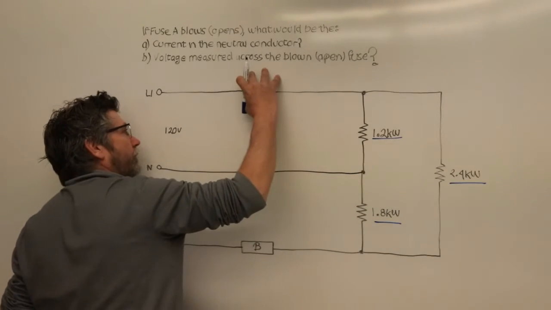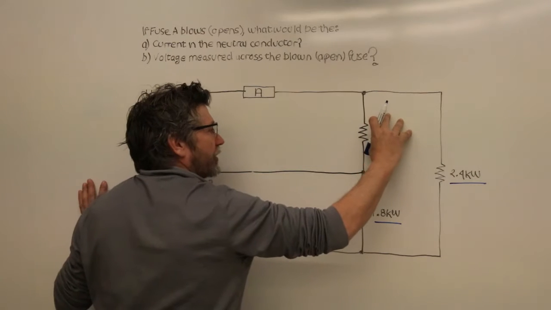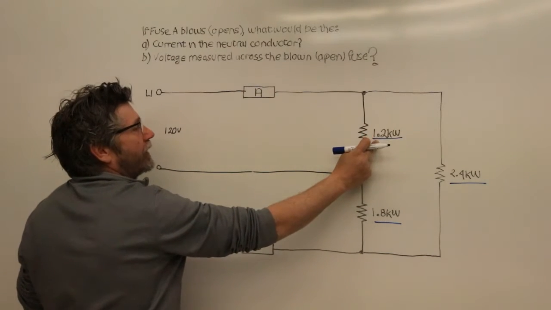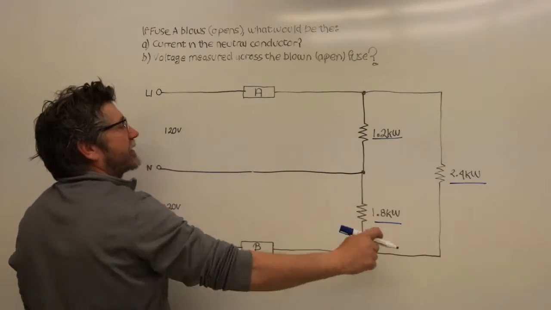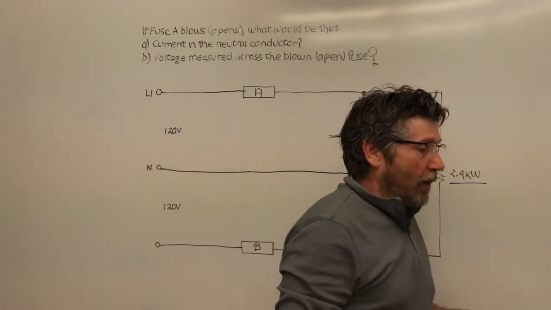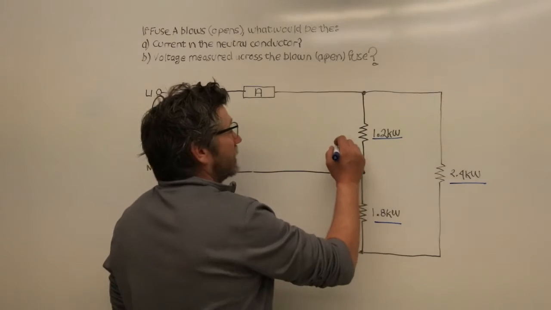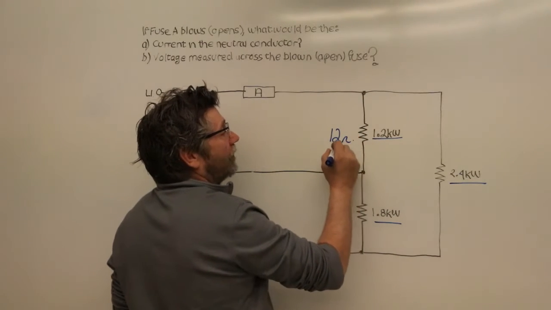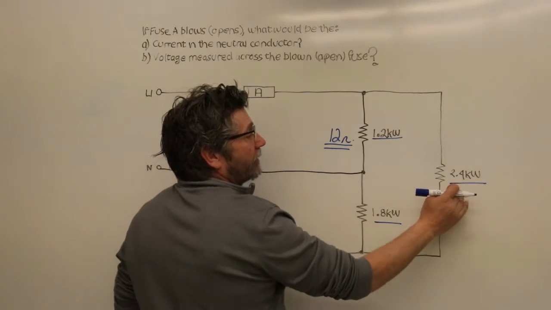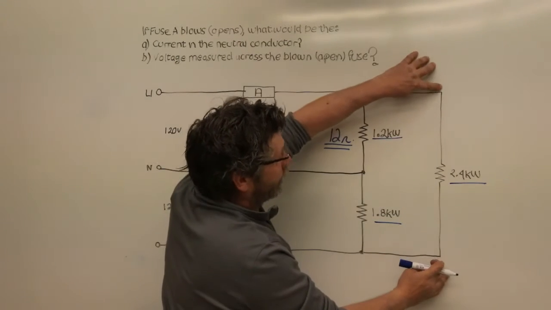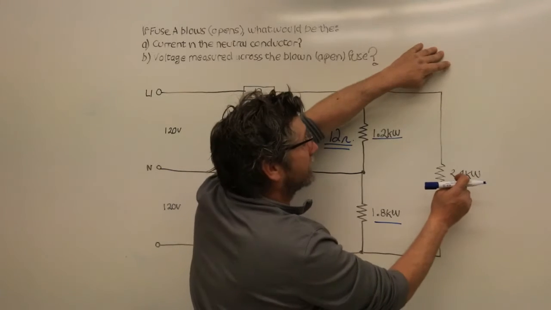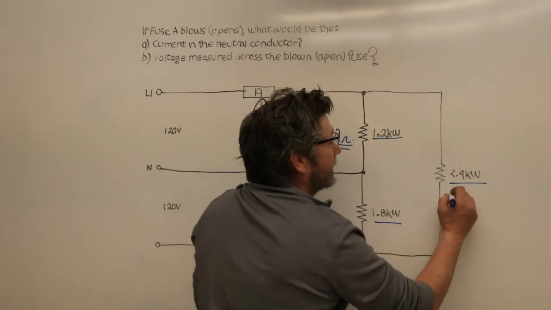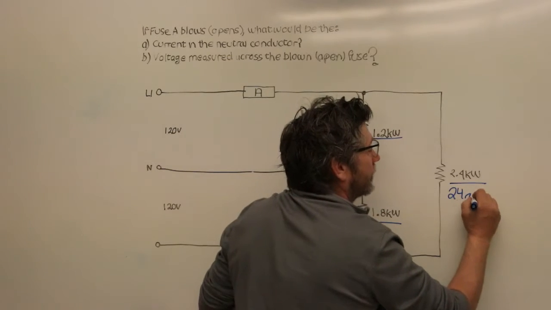that fuse isn't blown. These are the wattages under normal conditions. Right here, I've got 120 volts, 1200 watts, so I'm going to have 12 ohms on that one. This is 240 volts and 2400 watts, that's going to be 24 ohms.